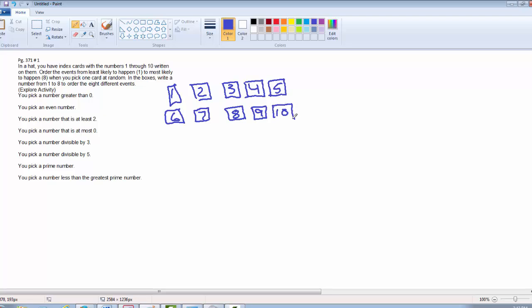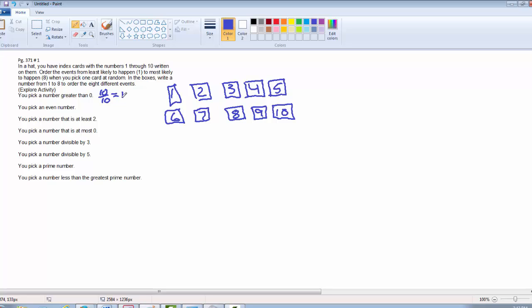I've got 1, 2, 3, 4, 5, 6, 7, 8, 9, 10. So 10 out of my 10 cards are greater than 0. For right now, I'm just going to write 10 over 10. And if we simplify that down, we all know that that's equal to 1.